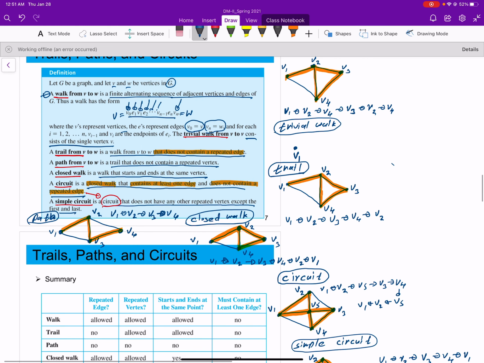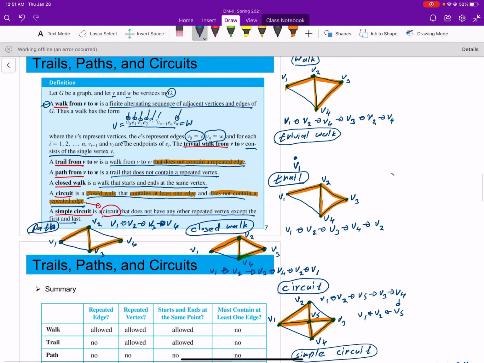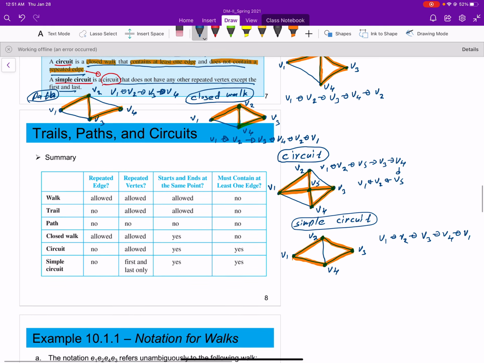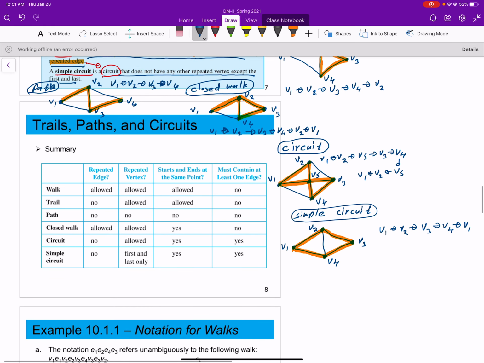So here we discussed one example for each. We learned about walks, trails, paths, closed walks, circuits, and simple circuits. Alright, so this table summarizes everything.